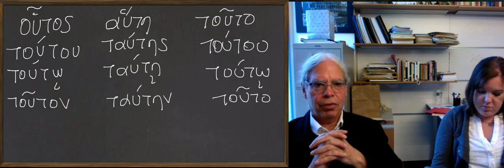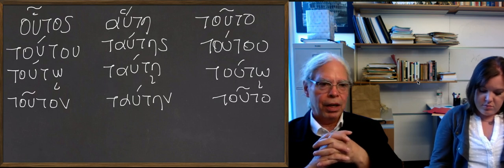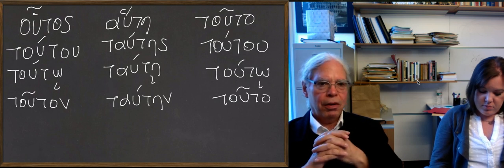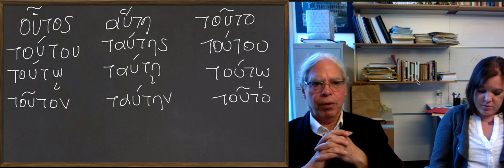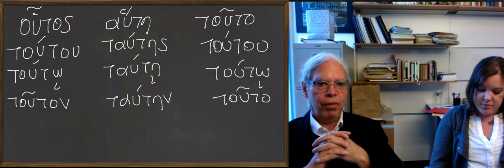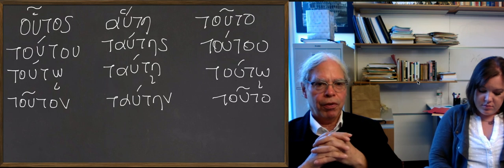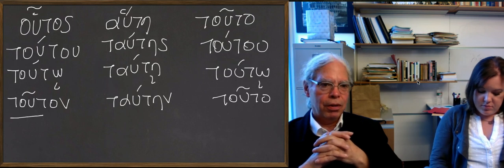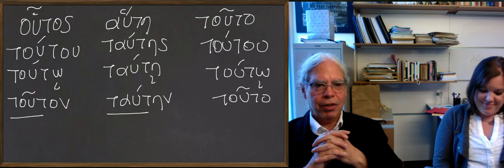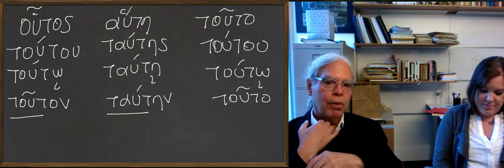So it looks as though what we're looking at, if you just looked at this form, you'd say, okay, aside from the H's in the nominative singular masculine and feminine, it looks like the root for the masculine is tout, and the root for the neuter is tout rather, and the root for the feminine is taut, okay? It doesn't work, okay? So let's look at the neuter for a second, and maybe you can see what the rule is.